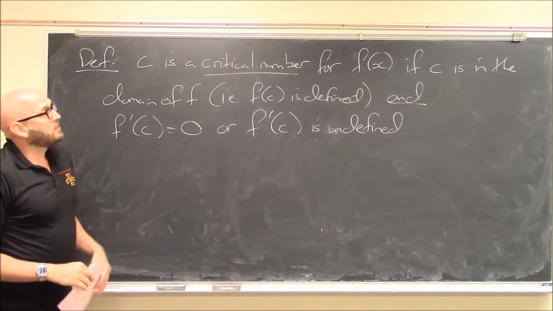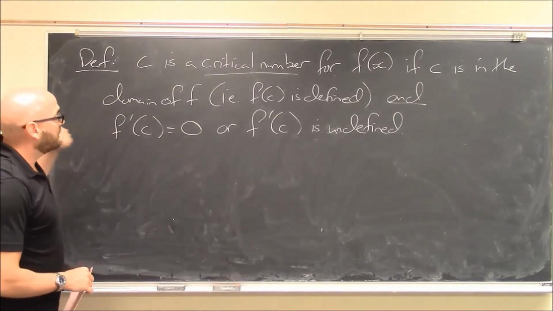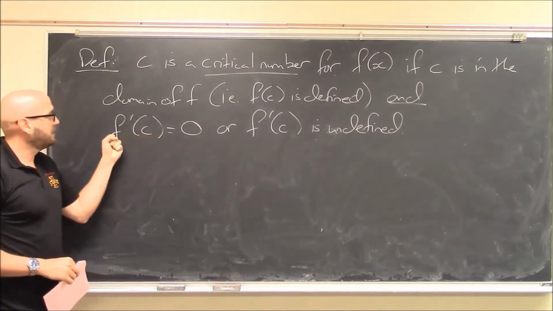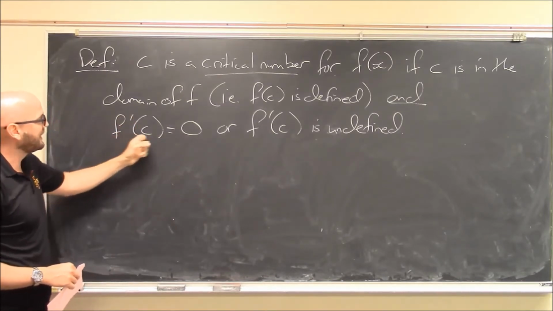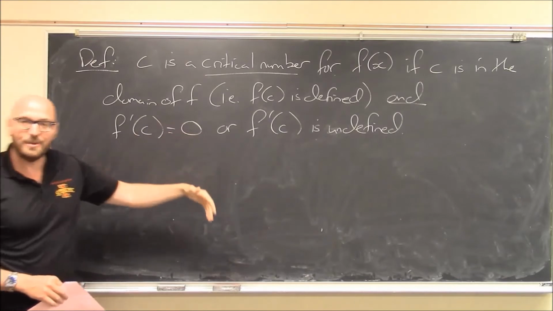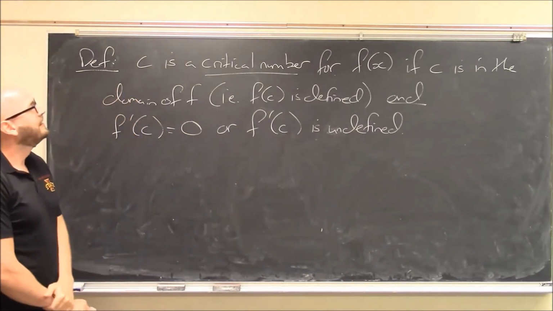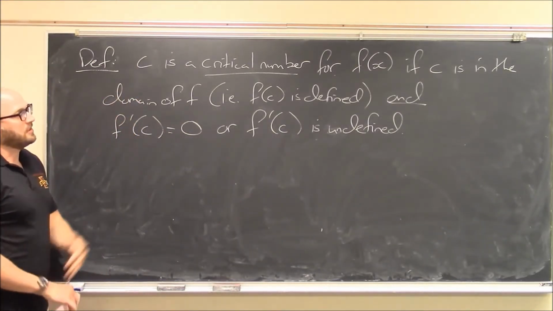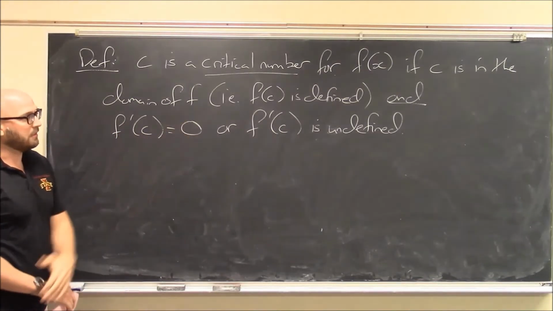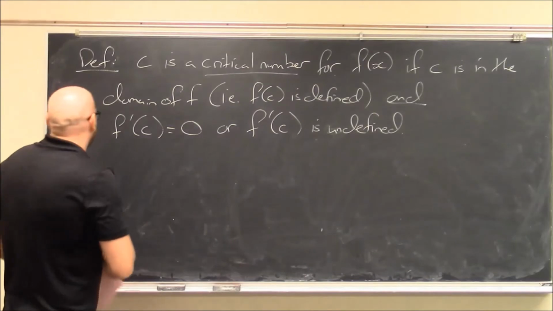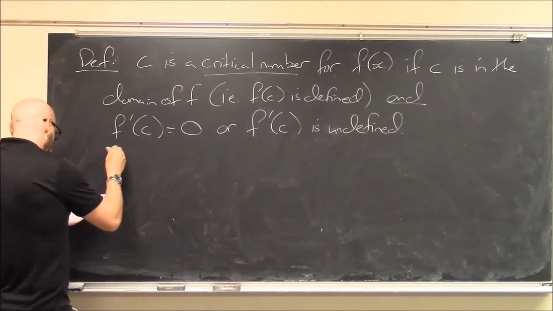All right, so critical numbers for functions are numbers where the derivative of the function at the number C is either 0 or undefined. This is precisely what a critical number is, either one of these two things. It's a point where your derivative is 0 or where your derivative is undefined. And a little bit more terminology.